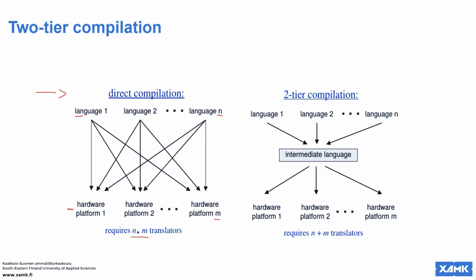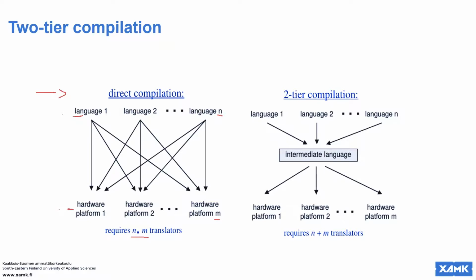Well, it turns out there are a lot of different computer architectures and a lot of different programming languages. There must exist at least 100,000 different programming languages, and there are probably thousands of different processor architectures. So this creates a lot of complexity. For all of these language hardware platform pairs, you would need a different compiler.